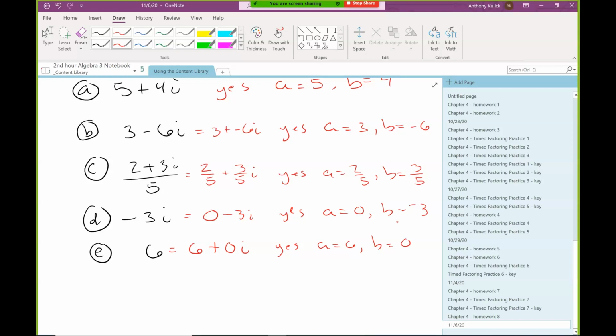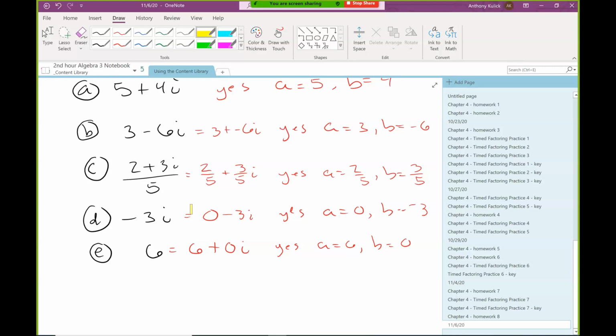There's an i next to the 0. How do we know? Because it's just a formula. I think it's just the second number. Yeah, you're just putting in the zero, so you have something to be the b. Yeah, so it's a complex number. 6 plus 0i. I see.